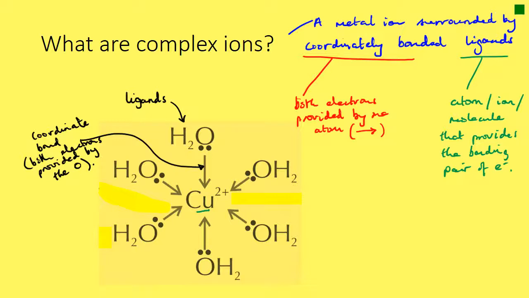So that's what a complex ion is. It's usually a transition metal, in this case copper 2+ ions, surrounded by ligands, in this case water, and they are ligands because their lone pair is providing the bonding pair of electrons that forms a coordinate bond. Okay, so that's what complex ions are.